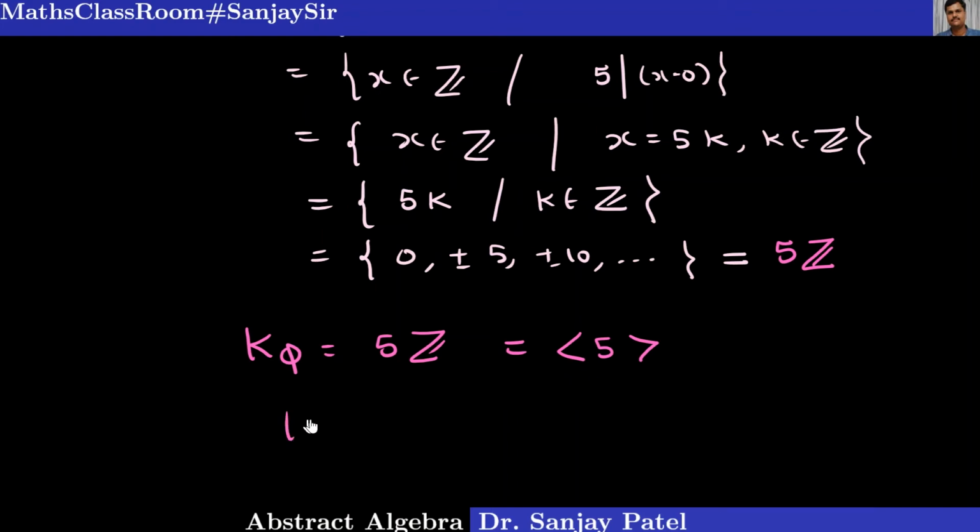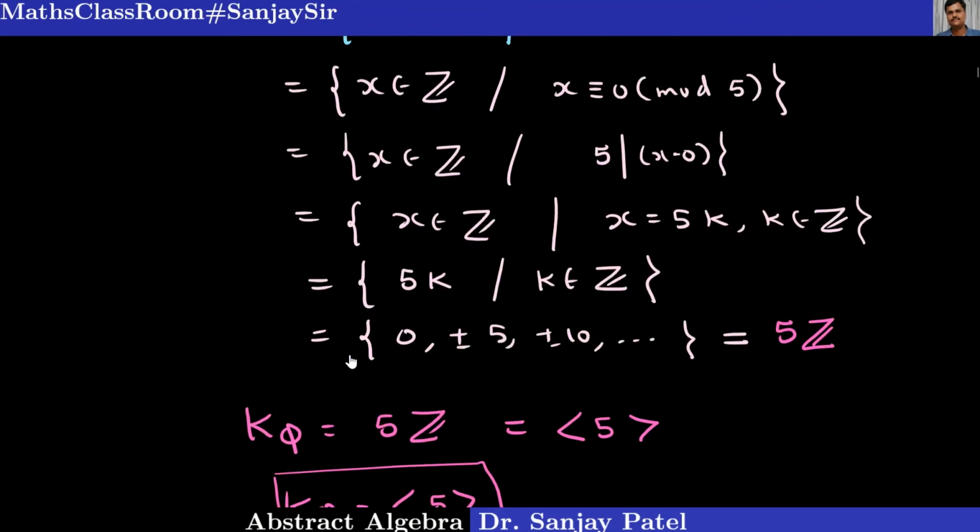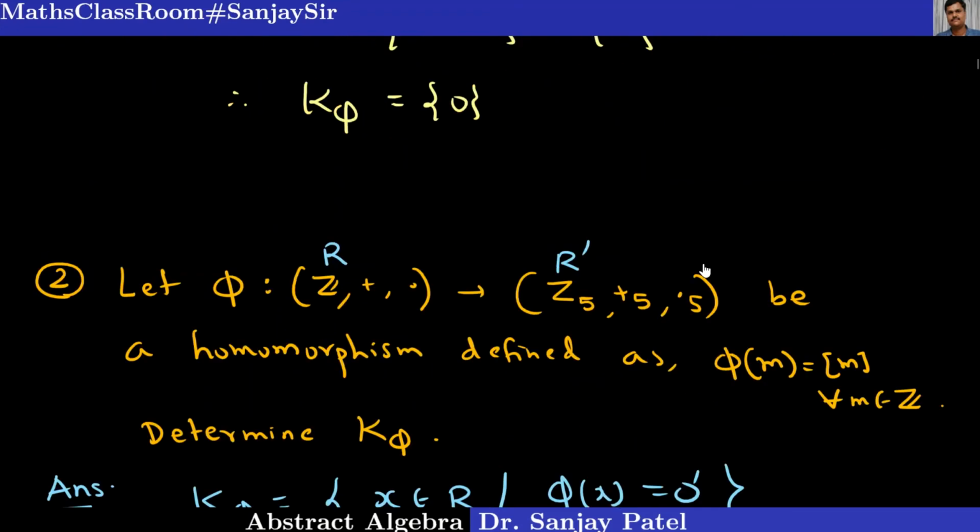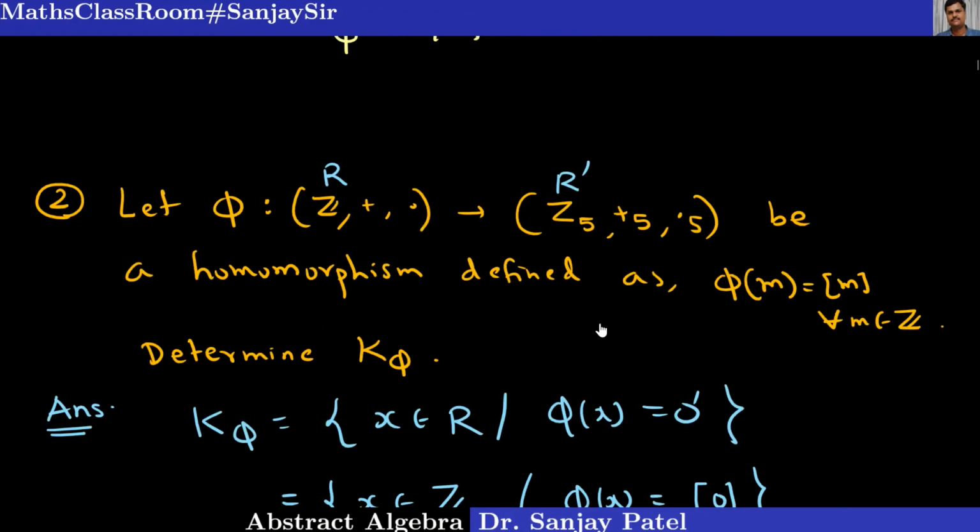So for this example, the kernel is the ideal generated by 5. And there is nothing special about the number 5 here. Instead of 5, you can take any natural number n. Then the kernel of the homomorphism phi from Z to Z_n is always the ideal generated by this number n.